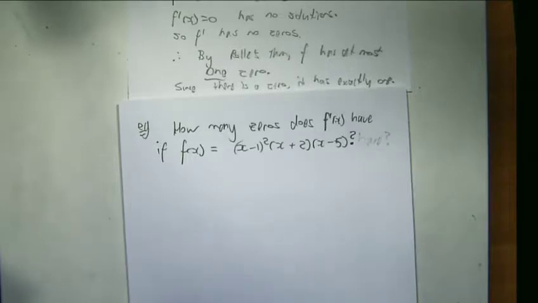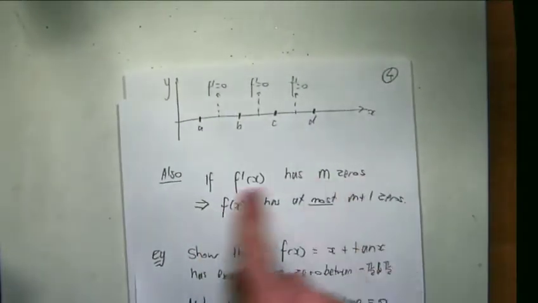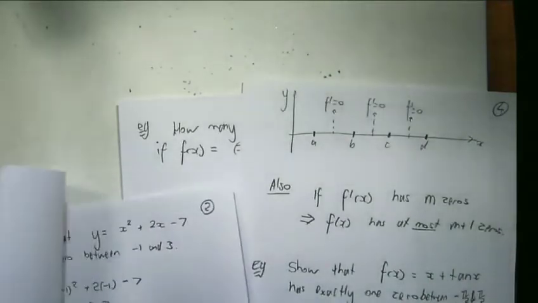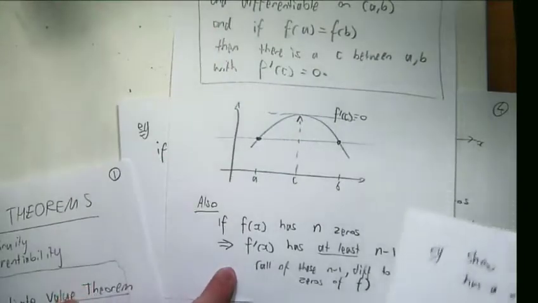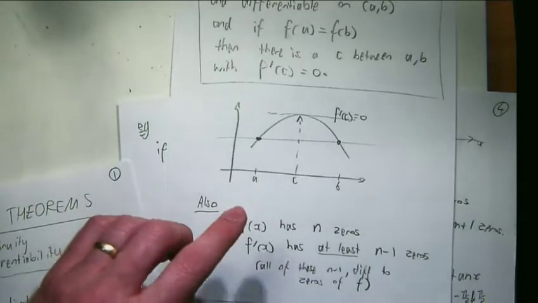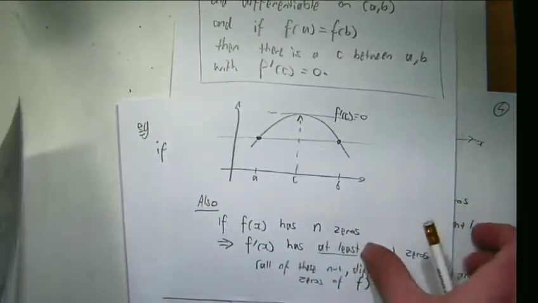I'm going to have to use the other version, this one, which says if I know about the zeros of f, I can find out how many zeros there are of f'.